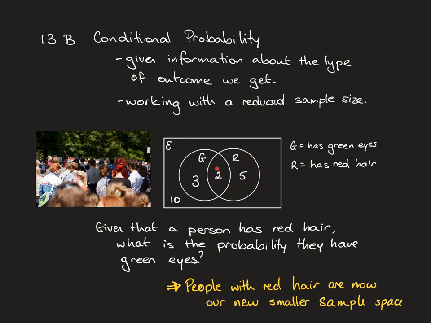These are the people that have green eyes as well as red hair. So the probability that they have green eyes, given that they have red hair, is 2 out of a total of 7. That's our probability. And you can see now that our people with red hair, this circle here, is now our sample space that we're working with.